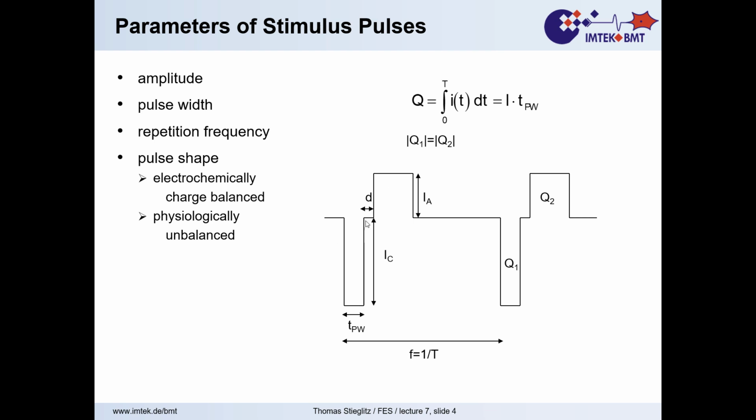We might have a delay in between the cathodic and the anodic pulse. And the funny thing is, there is a lot of knowledge that from the physiological side, it's really beneficial to have such a delay. And then it comes to the technical feasibility, and people say, oh, it's too complex here.